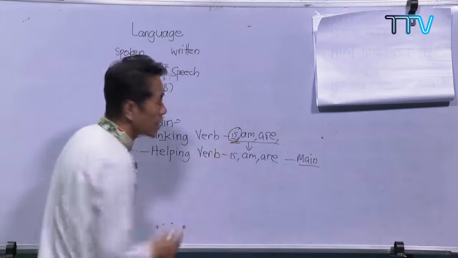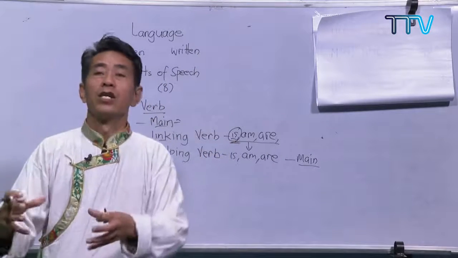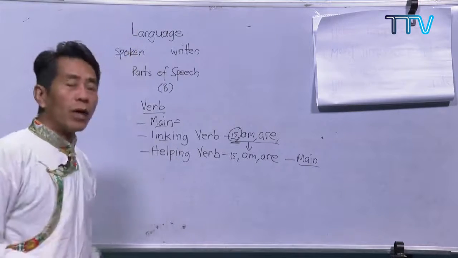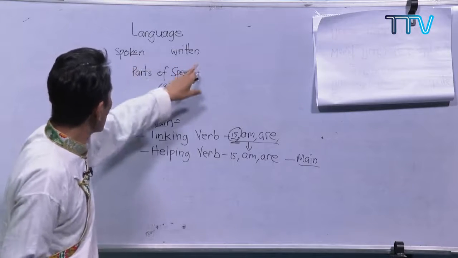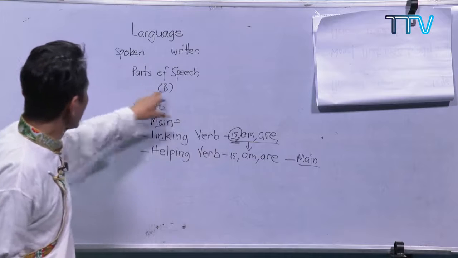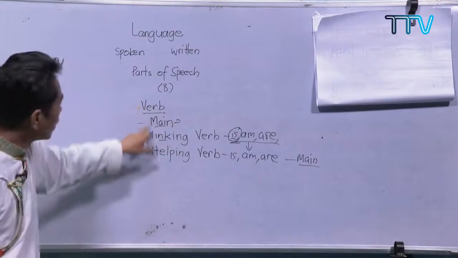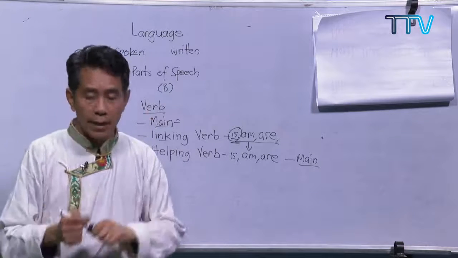So this is a linking verb, because it links teacher to Tashi. These are what we did yesterday: the language, written and spoken, the 8 parts of speech, and then out of the 8 we did the verb, and in the verb we covered all the forms of verb.